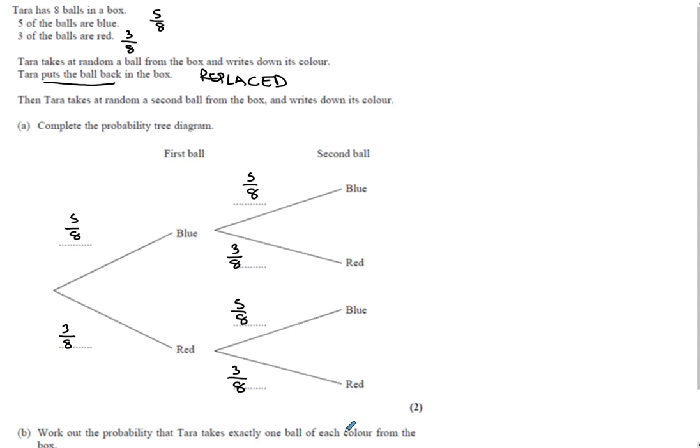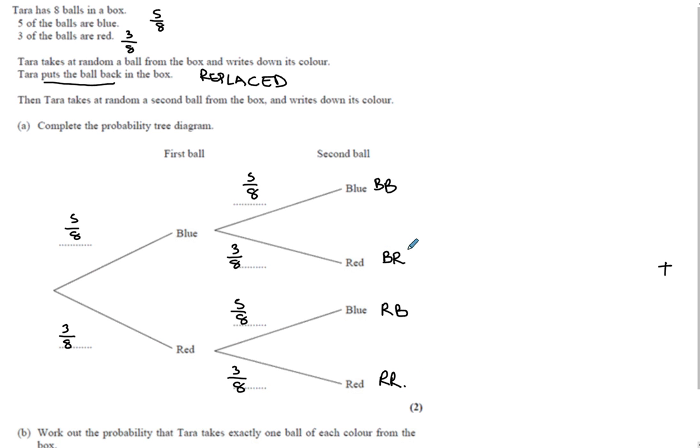What's the probability that Tara takes exactly 1 ball of each color from the box? So we know we need these two, blue and red, or red and blue. And the fact that I've said or, we know we have to add them. If it helps, just write blue, blue there, and red, red there.